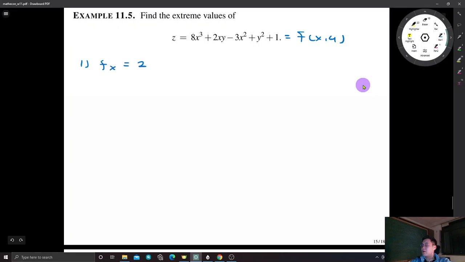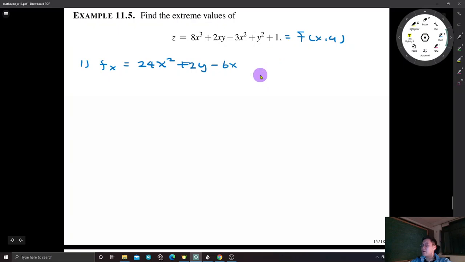That is 24x squared, and then the second term gives me 2y, and the third term, negative 6x. And the fourth term, 0, because it is a constant.